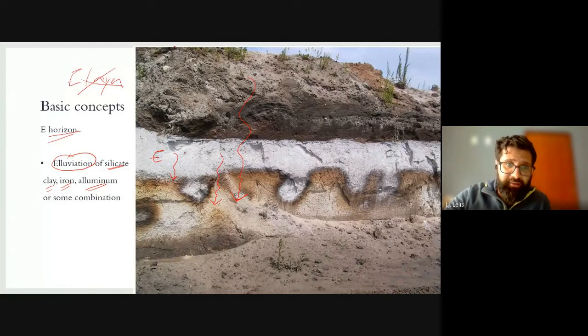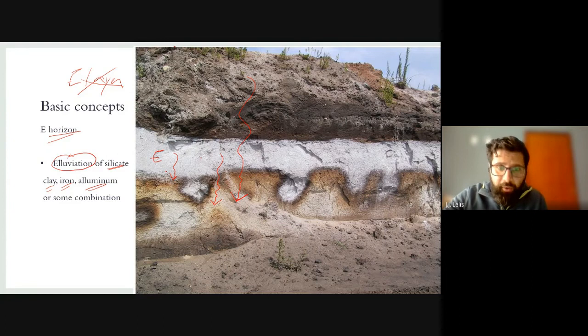Only clays, because clays are lighter than silt and sand, and because clay is a very, very thin particle, so it can move through voids easily, okay? So we can identify some E horizons as a piece of soil that's very, very white with a sandy texture, because of the loss of things that color the soil.